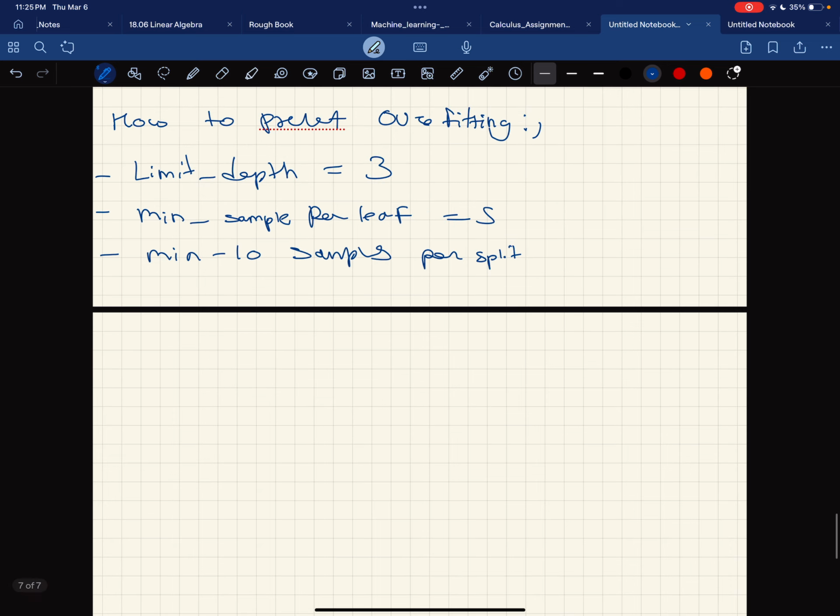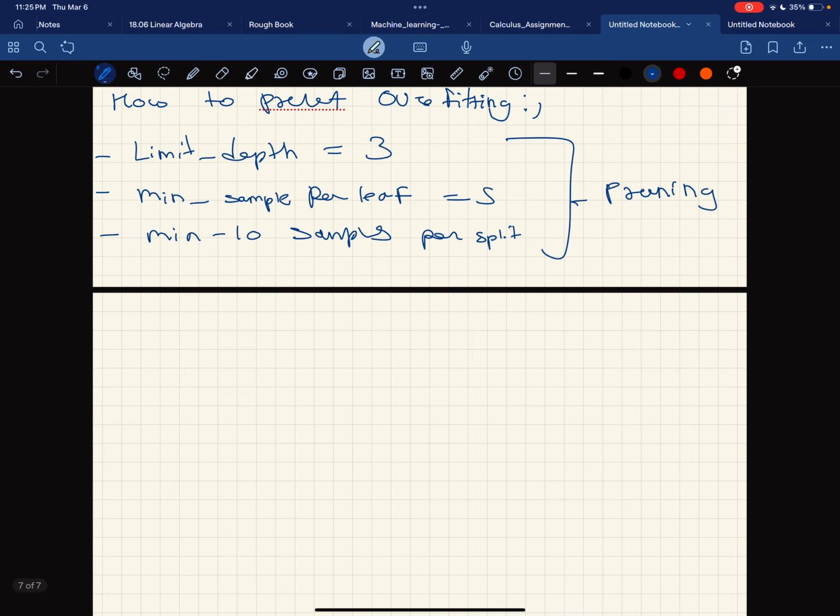So this was pruning. What we did was pruning. Then we analyzed the pre-pruning and post-pruning results. If the results are satisfactory, then we move on to applying that decision tree algorithm.